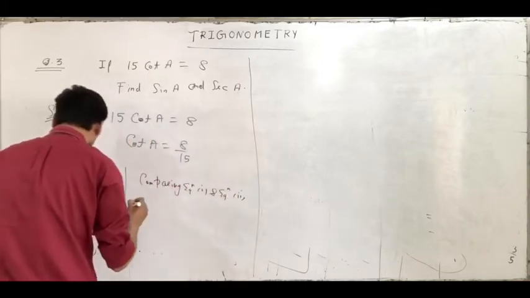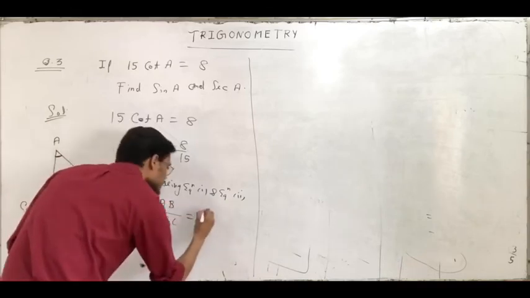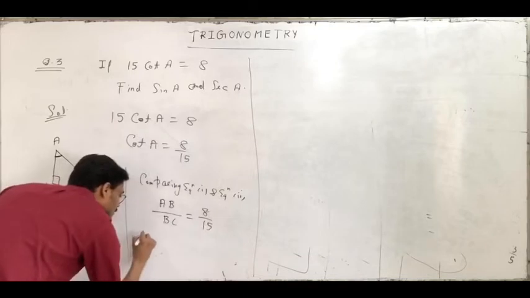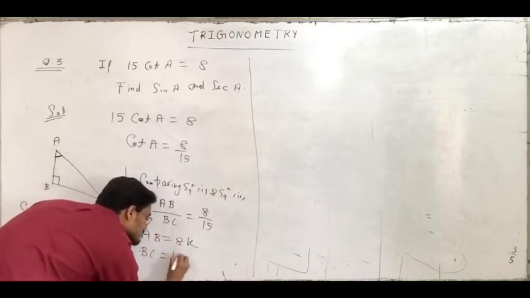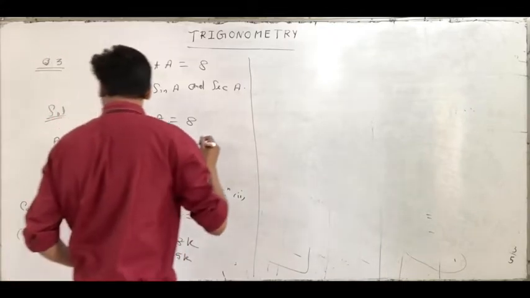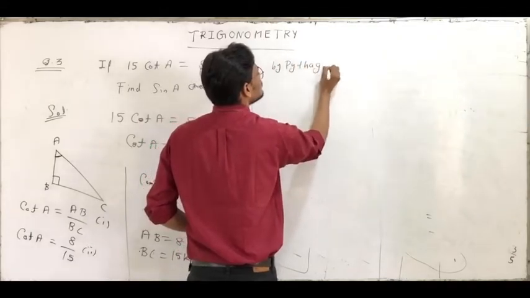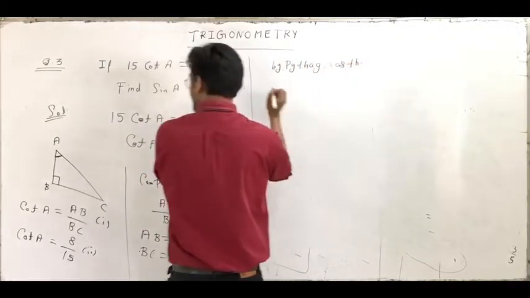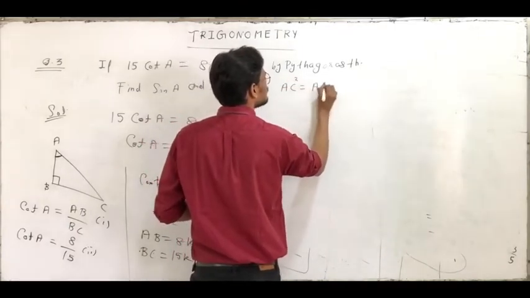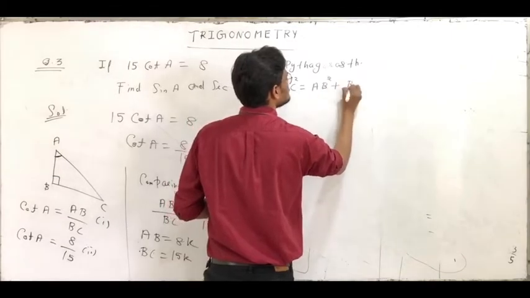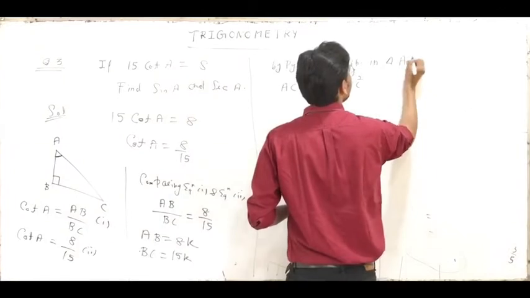I will get AB over BC as 8 by 15. Now I can assume AB as 8K and BC as 15K, and I can calculate AC by Pythagoras theorem. AC square is equal to AB square plus BC square in triangle ABC.